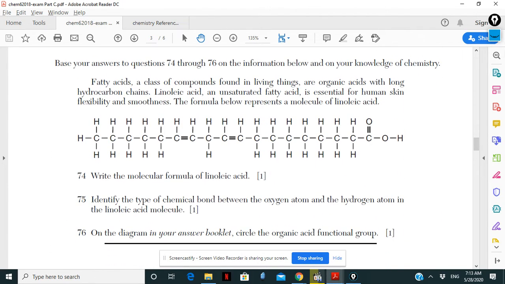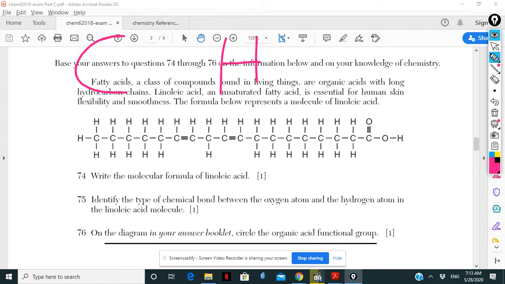For questions 74 through 76, on 74, write the molecular formula for linoleic acid. So I have carbon, hydrogen, and oxygen. I'm going to start counting carbons: 1, 2, 3, up to 18. So C18.